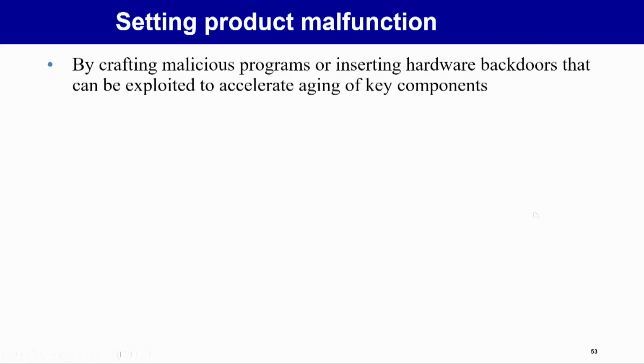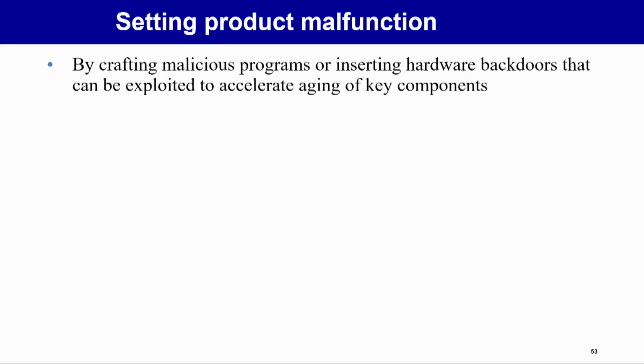So how is this product malfunction done? This can be done by crafting malicious programs, like I said, such as updating the product to a new version and adding a patch that will use a specific processing element, or it can also be done by inserting hardware backdoors in the form of hardware trojans. Again, there could be a specific component that after some time starts using some other component too much, and then the whole system becomes slow or dies.